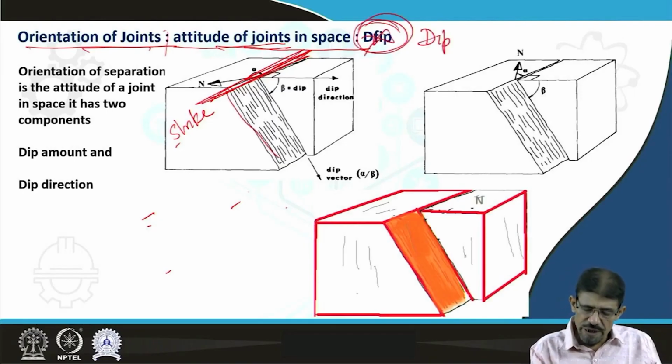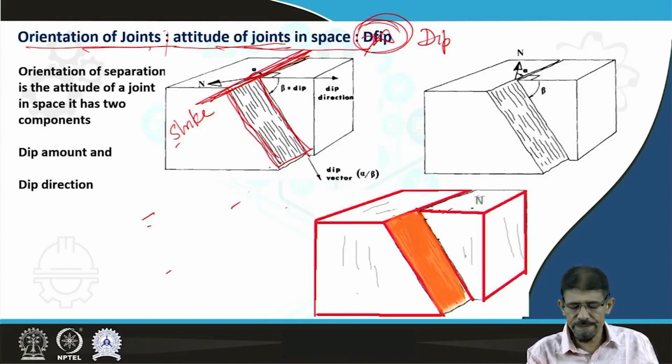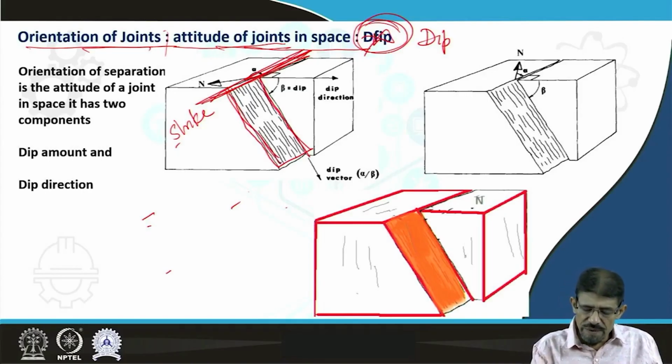You can see here the dip of this plane. One thing we see about the orientation is with respect to the horizontal, and we measure it in a vertical plane.